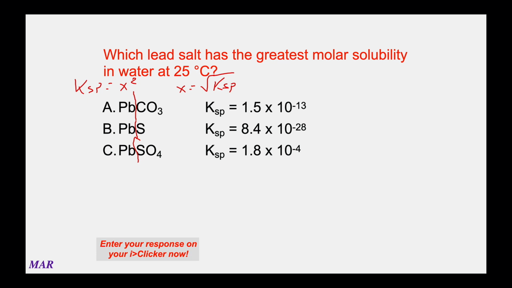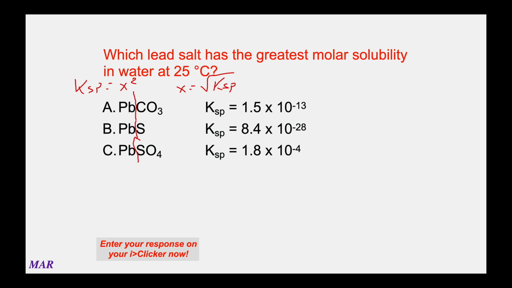Another way to think about it: as K gets smaller and smaller, or closer to zero but never getting to zero, you have more reactant-favored conditions, all right? And more reactant for Ksp means more solid. So the biggest Ksp will have the most solid dissolved.